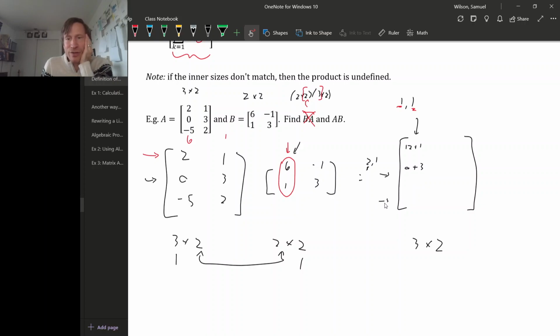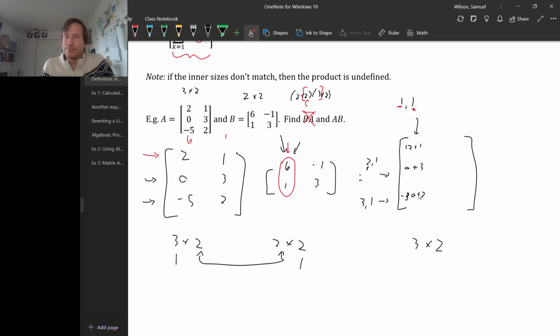All right, now for the 3, 1 entry, I'm still using the first column of B, but now I'm using the third row of A. So I take my column, which I've turned sideways, and I slide it all the way down to the bottom. So 6 times minus 5 is minus 30, and then plus 1 times 2 is 2.